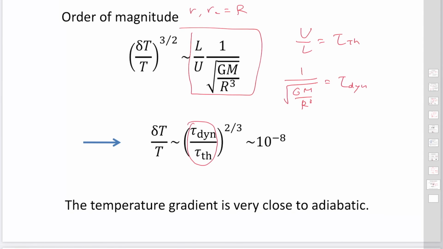If we substitute the quantities we estimate, we find about 10 to the minus 8. So the temperature gradient is very close to adiabatic inside stars when convection is responsible for the energy transport. Okay, this is the end of this session.